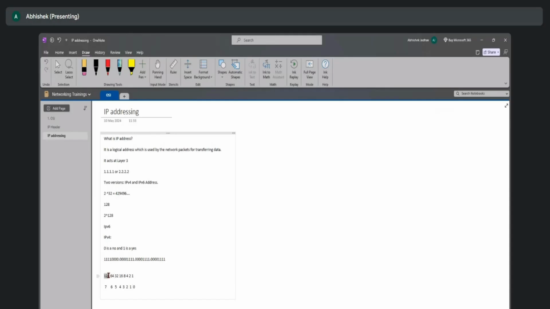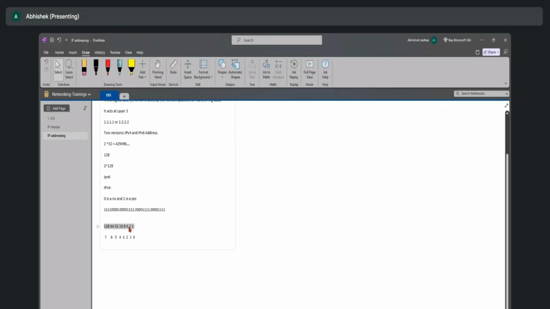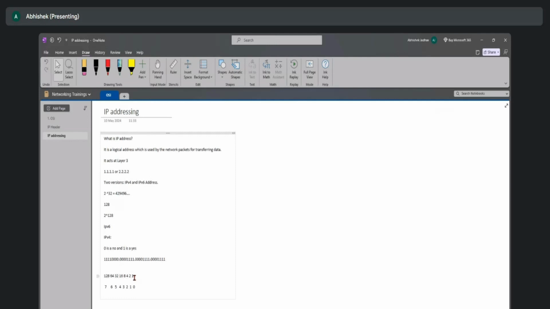The values go up to 128. So this is what you'll have to remember. Each and every octet's position is valued from 1 to 128 according to this.